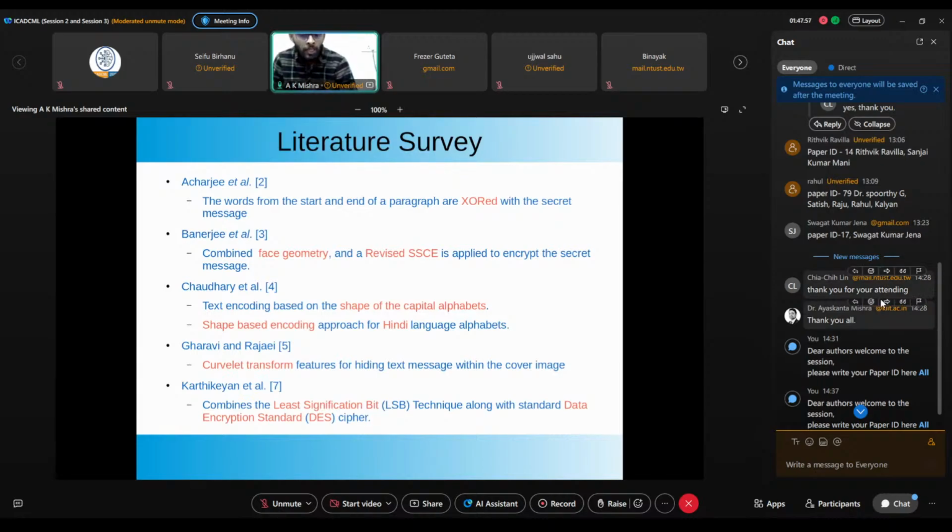There was another method based on the shapes of different letters of the alphabet. There was also a method which used only XORing the least significant bits with the secret message. And there was also a method which used AES encryption of the message, followed by XORing it with the least significant bits.